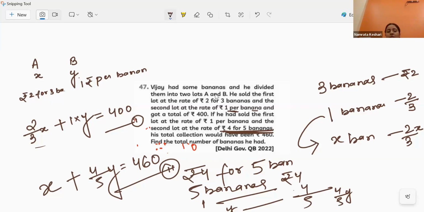You don't have to convert to decimal, but you will get this type of fraction, 2 by 3, 4 by 5, but that is completely okay. And we have created the equation successfully. Now this type of equation was given already in your book and you were solving it, finding x and y values, right?